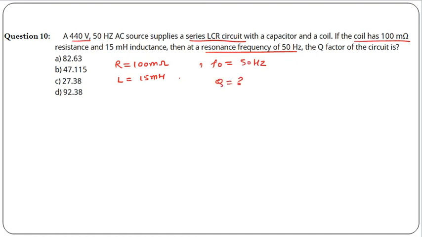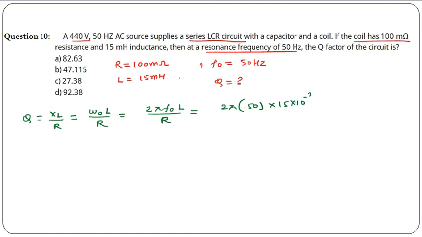So quality factor, we know that the quality factor formula is given by X of L by R, that is inductive reactance by resistance. So inductive reactance is given by omega naught L by R. So omega naught is 2 pi f, so that is 2 pi into f naught L by R. So this will be equal to 2 pi, and f naught value is 50 hertz, into L value 15 into 10 to the power minus 3, divided by resistance value 100 milliohm, that is 100 into 10 to the power minus 3.